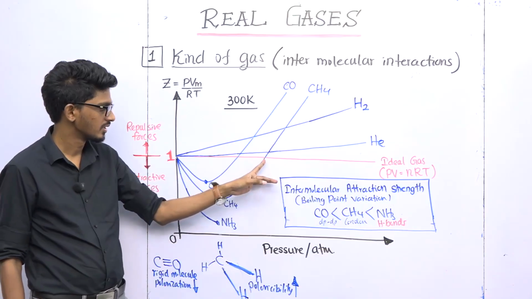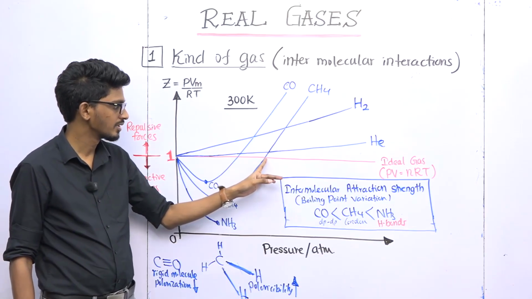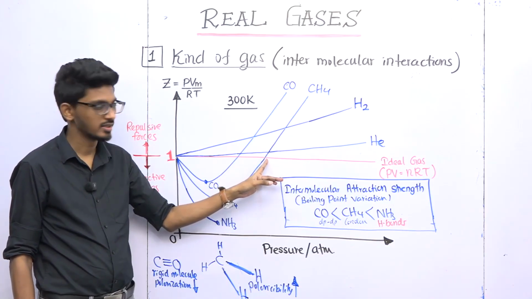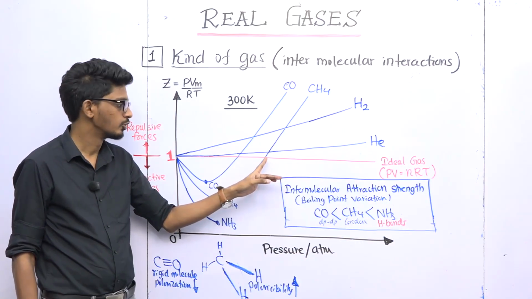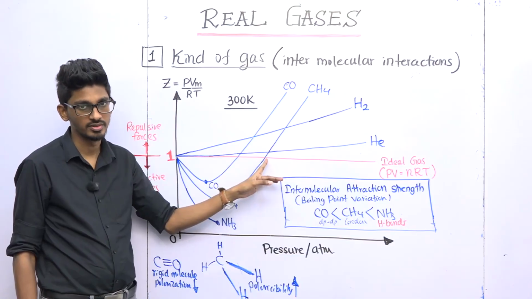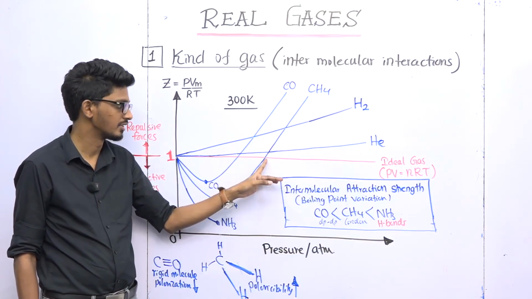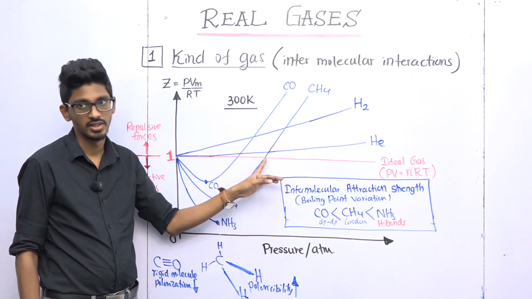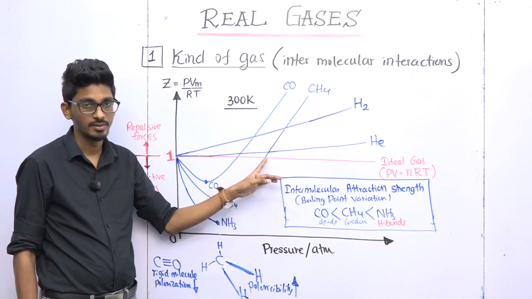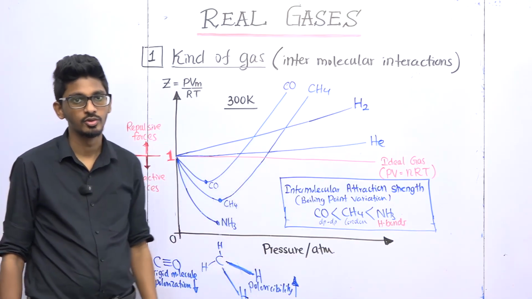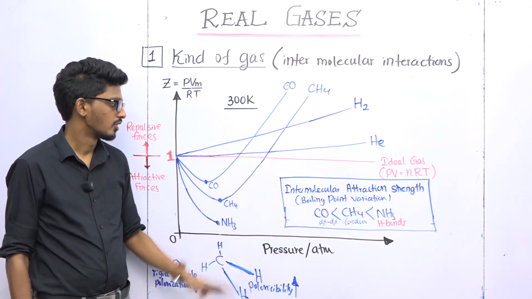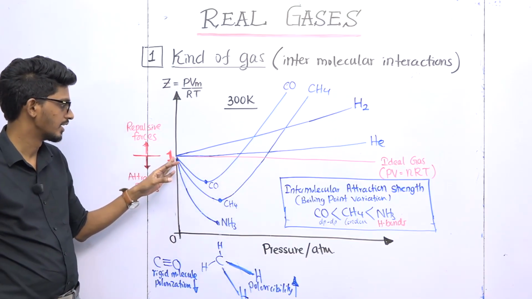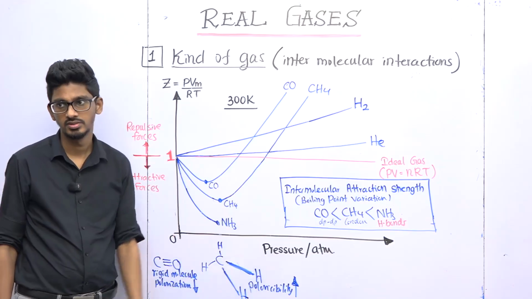Both the attractive and repulsive forces are there, with equal strengths, so no net attractions or repulsions. That is why PV is going to be equal to nRT. But it is not ideal, right? Only at very low pressures you achieve the ideal situation, not at high pressures.